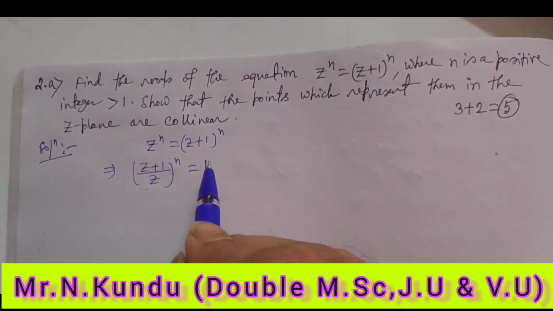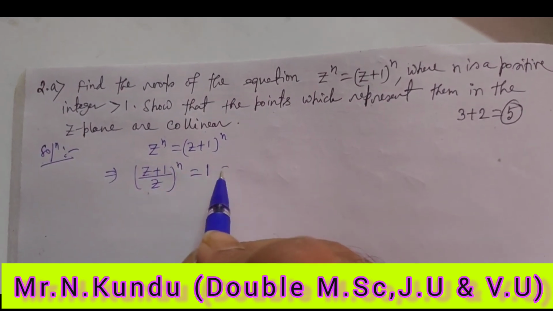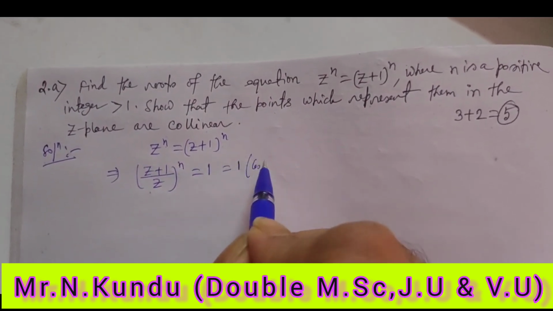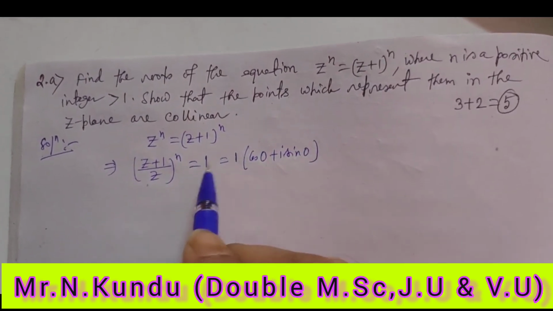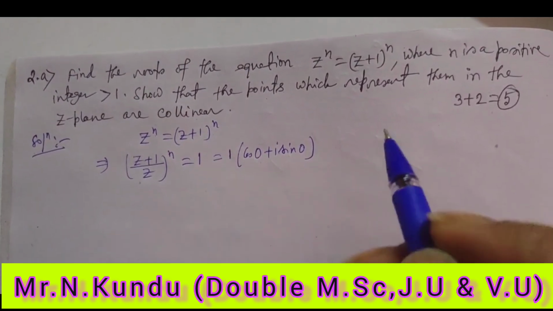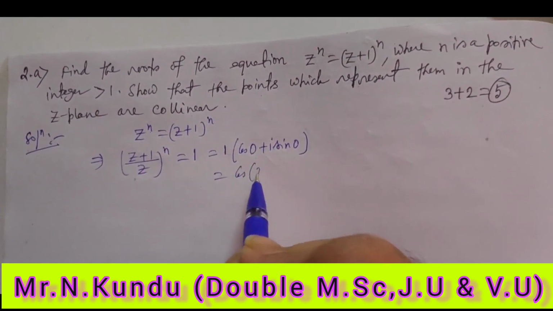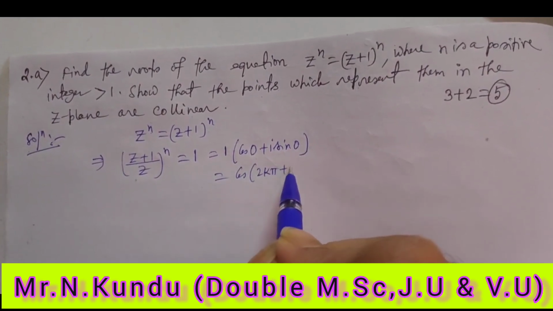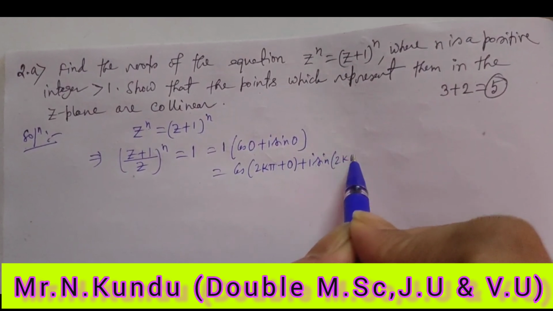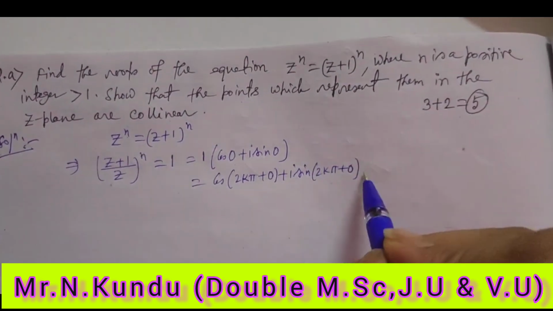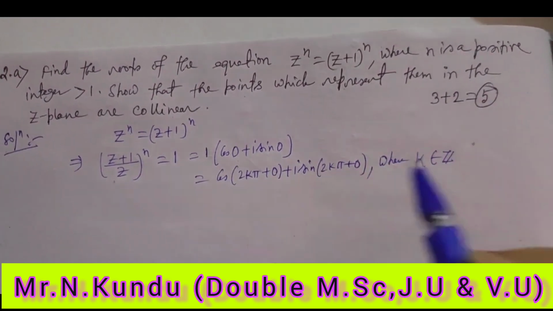First we write the number 1 in modulus amplitude form. So this is 1 into cos 0 plus i sin 0. Next we write this cos 0 plus i sin 0 as cos(2k pi plus 0) plus i sin(2k pi plus 0), where k belongs to z, k is any integer.